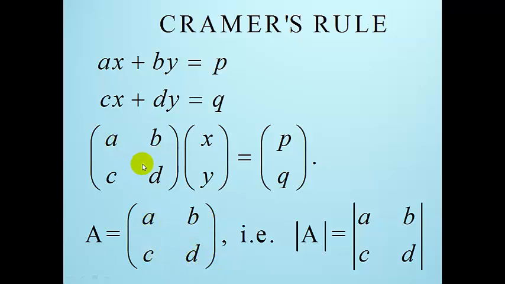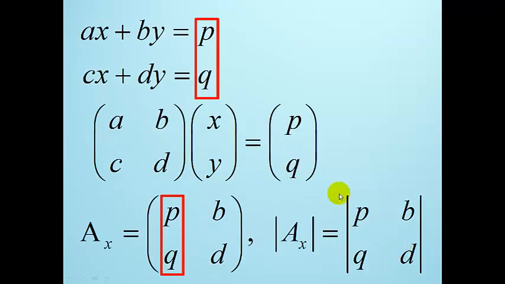This is called the matrix A. So the determinant will be equal to the determinant of a, b, c, d. Now look at what is going to happen critically here. ax plus by equals p, and cx plus dy equals q. Now we know that A is the same as a, b, c, d. That is, A is the matrix a, b, c, d.